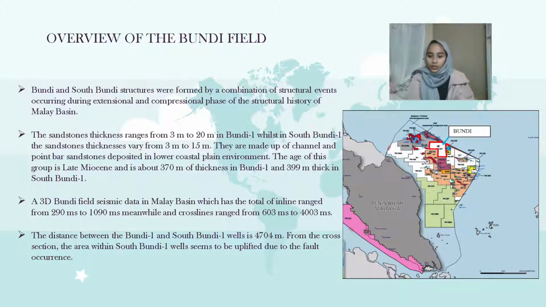The distance between these two wells is 4,704 meters. From the cross sections, we can see that South Bundy seems to be uplifted because there is a fault that occurs along the horizon.